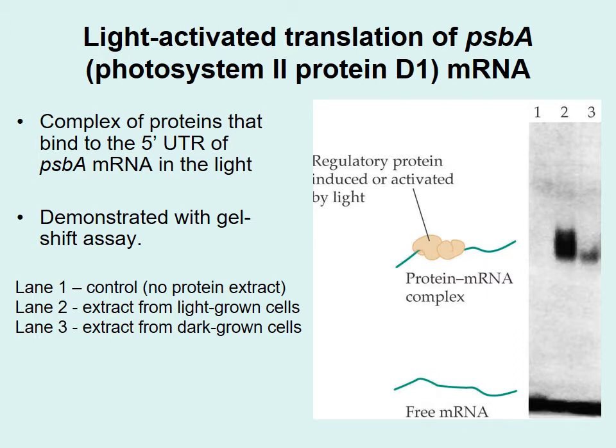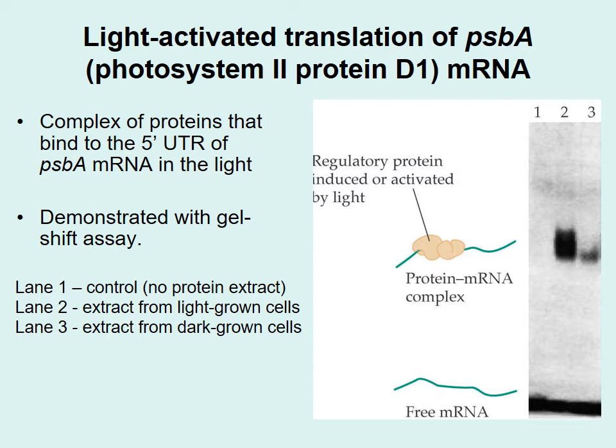So here an assay is used which is called the gel shift assay. Here, as you can see from this gel, three lanes are marked, 1, 2 and 3. Lane 1 is the control where no protein extract has been added.